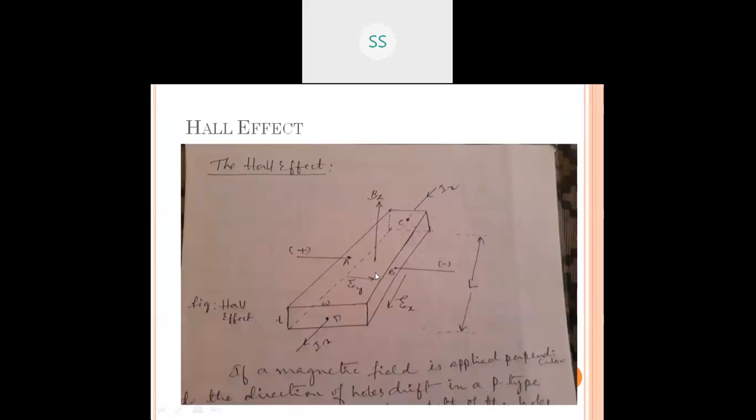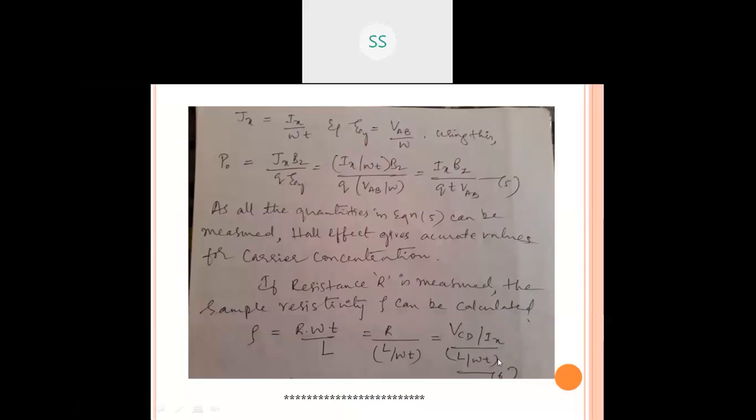So that's why you can measure the resistance for the flow of holes between C and D. Therefore, to calculate R, you can write VCD by Ix, divided by L into W into T. Now all parameters are known, so you can calculate the resistivity of that particular semiconductor bar.